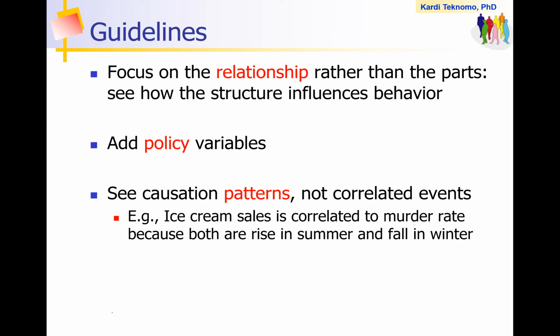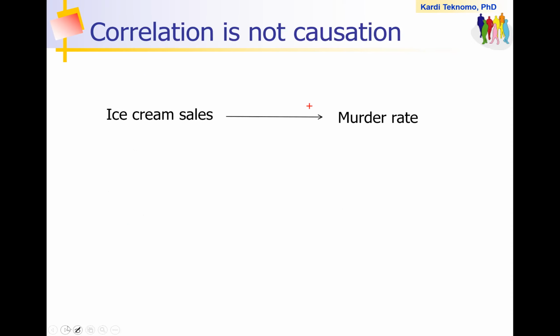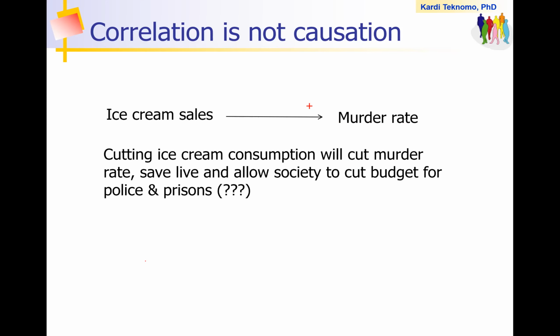example. Ice cream sales is correlated to the murder rate because it rises in summer and falls in winter. So this is correlation, not causation. If this were causation, then it becomes dangerous, right? When the ice cream sales increase, then the murder rate also increases.